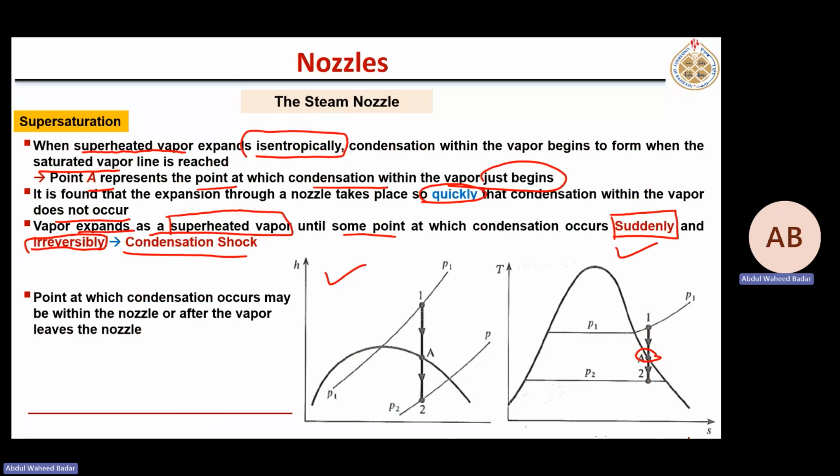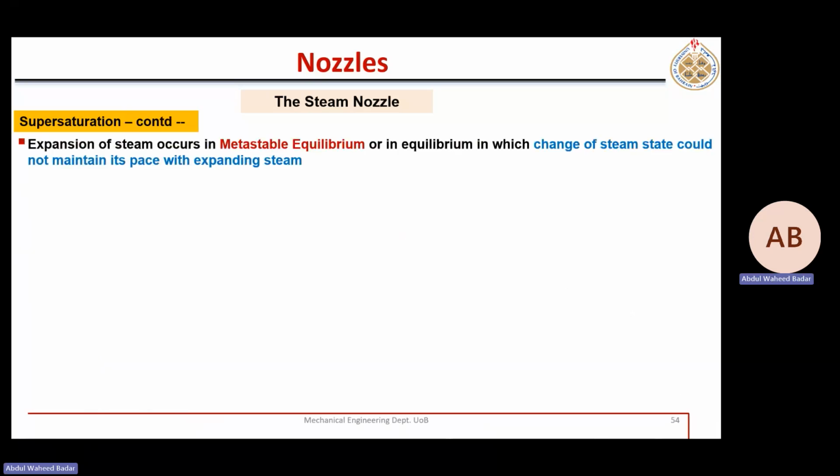The point at which condensation occurs may be within the nozzle, somewhere here, or right at the exit, or after it leaves the nozzle, depending on the condition. We call this expansion with supersaturation metastable equilibrium.